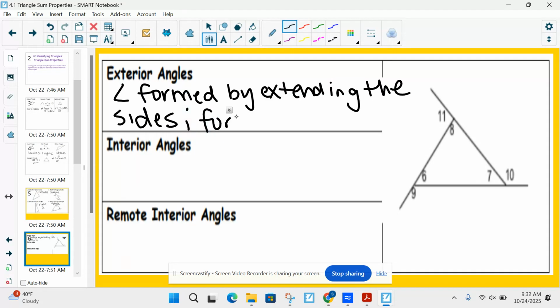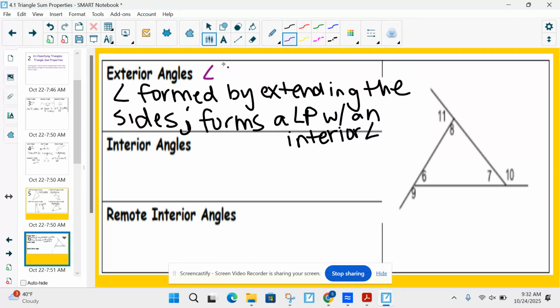So examples here would be angle 9, 10, and 11.